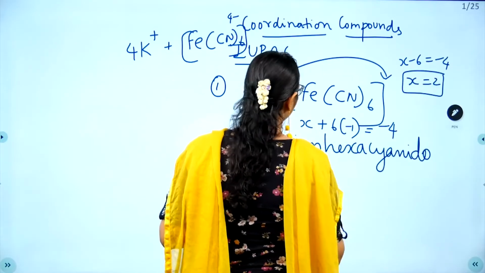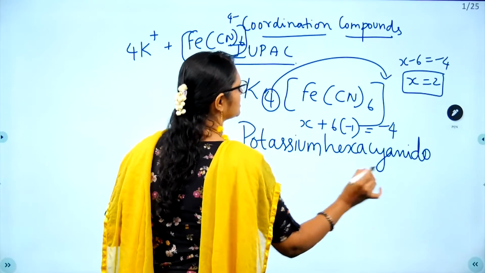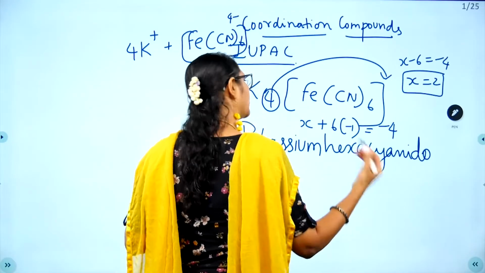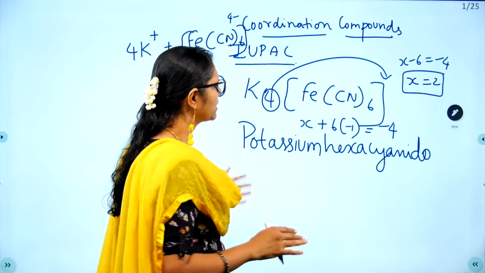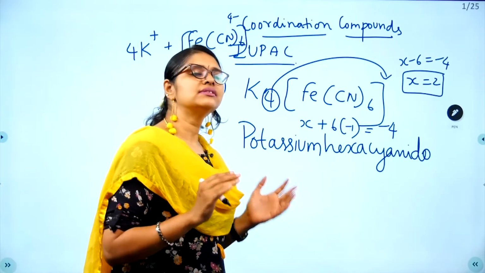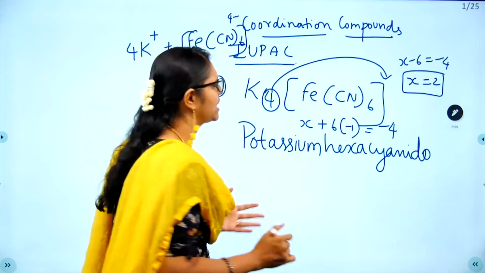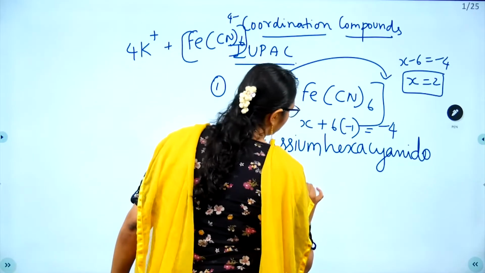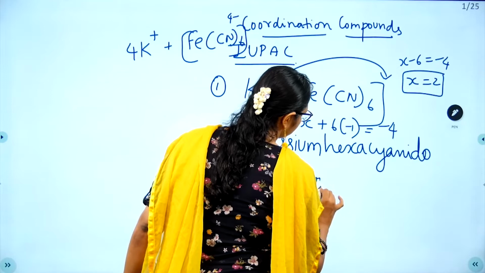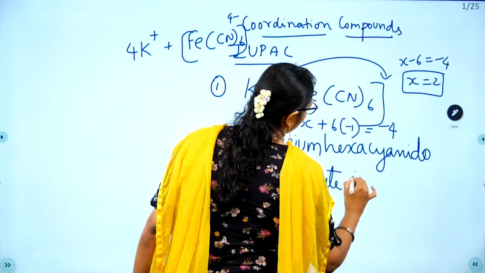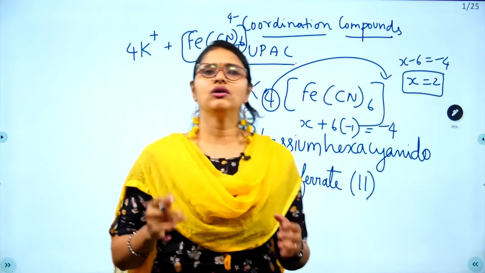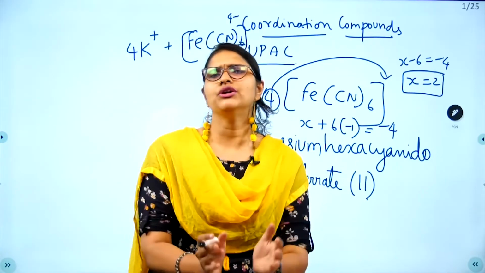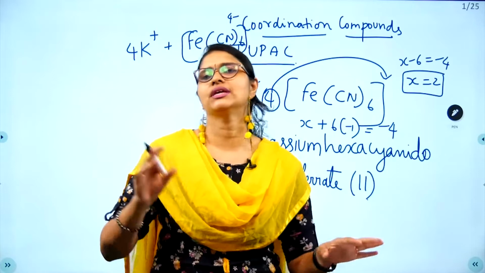So potassium hexacyanido. Cyano is also correct, but that is the old way of naming. Since the charge on the complex is negative, we have to use the Latin name, ferrate 2. Once again, always start with the positive ion. How will you know whether it is the positive or negative ion?